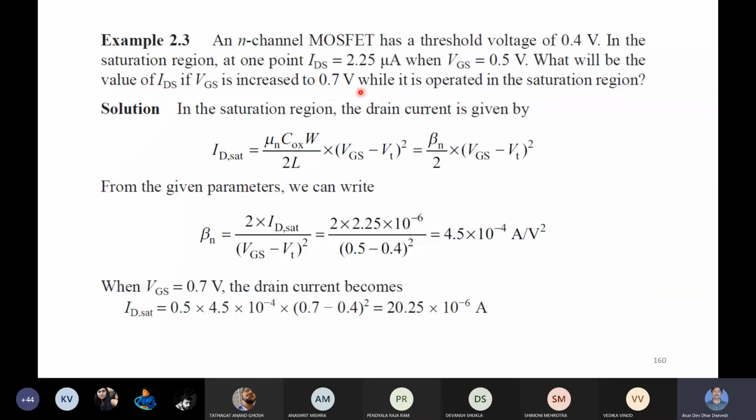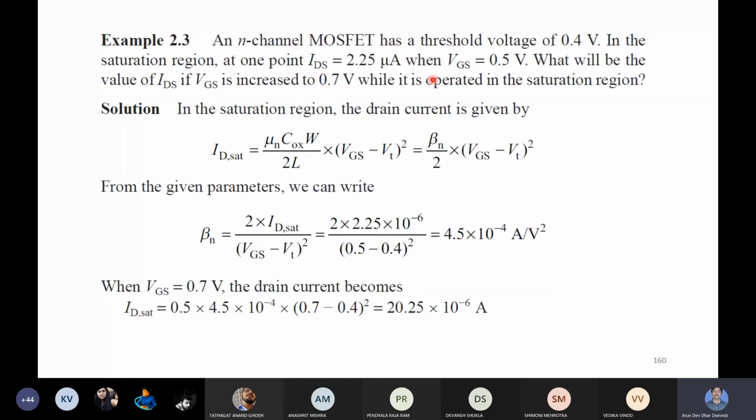But VGS is now 0.7 while it is operated in the saturation region. Saturation means it is operated at a VGS greater than the threshold voltage, so obviously it is.